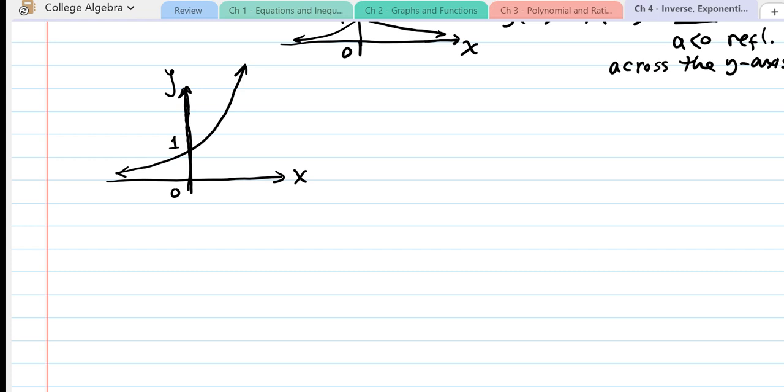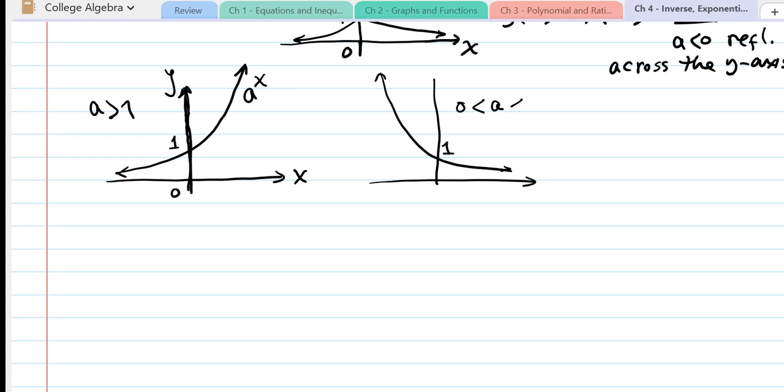All of them do. All right, so this is the case where a is greater than 1, and the graph is a to the x. And in the case where a is between 0 and 1, the exponential function is going to behave like this. There.